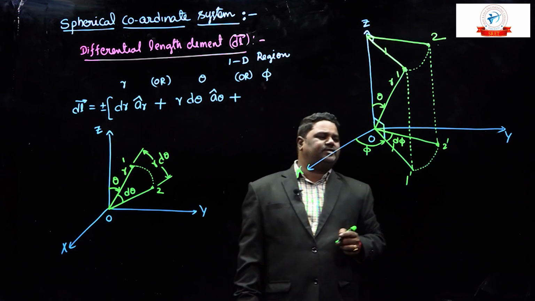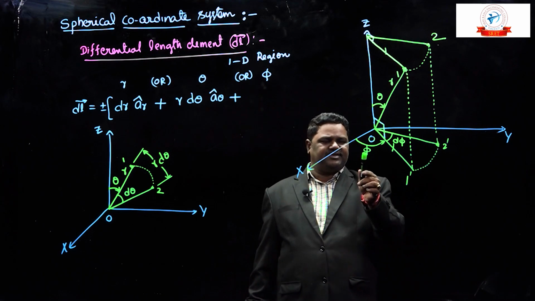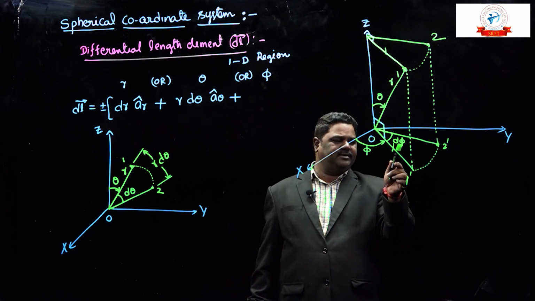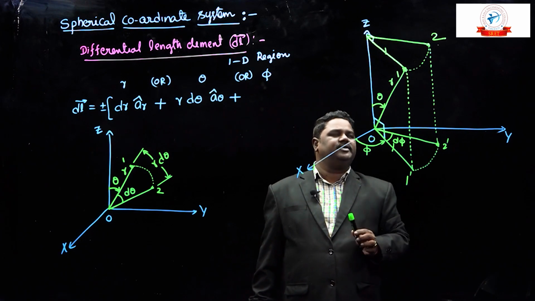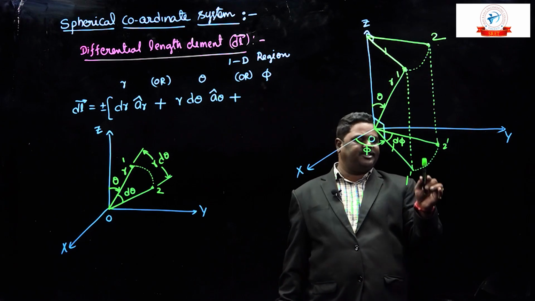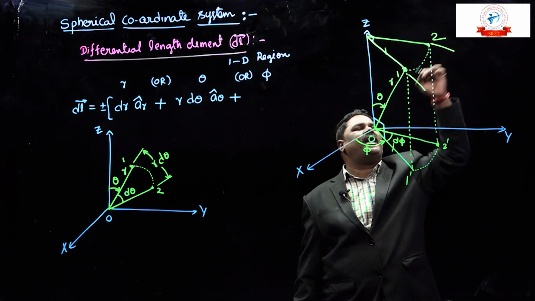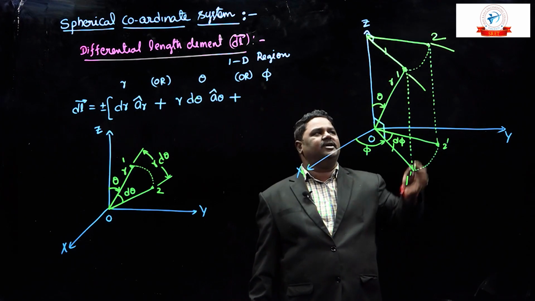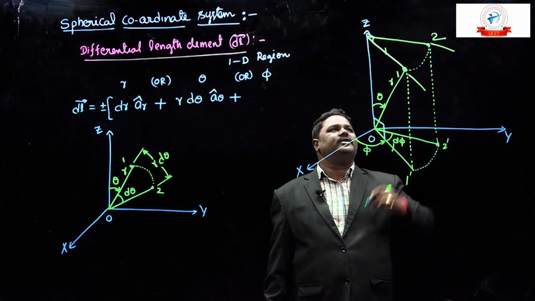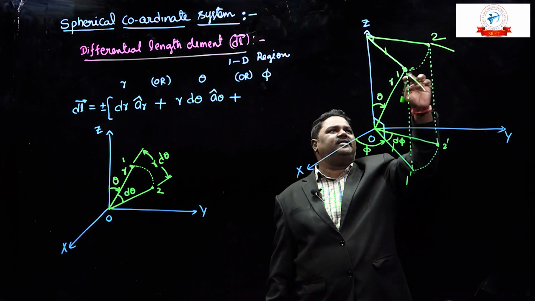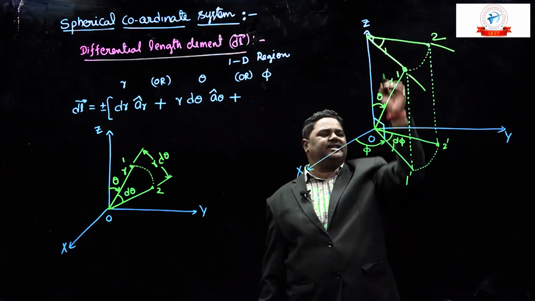Now just observe this one. Whenever I increase phi by a small amount d phi, a curved length is formed. So this is the curved length and this is the projection. Now I would like to know how much length the point has been displaced or moved. That will give you the differential length. To find this differential length, we know that this angle is nothing but d phi.